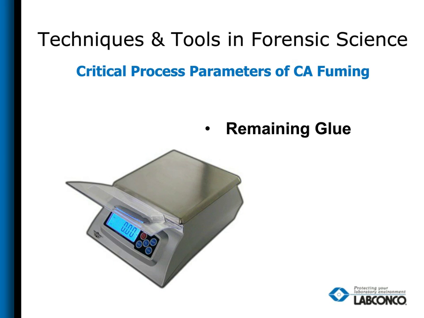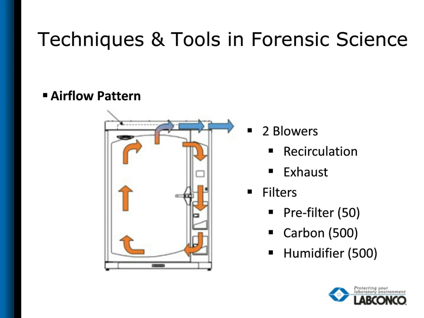Another issue we like to look at is the exhaust. A lot of labs use, again, we'll go back to the fish tanks, or some use permanent boxes, of varying sizes, built into the wall of their latent print unit. The exhaust on these is sometimes less than perfect or consistent.